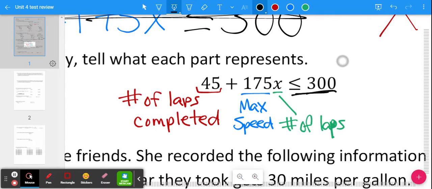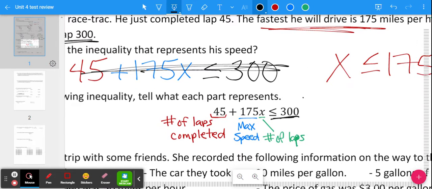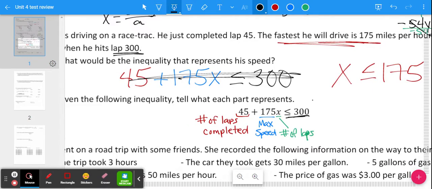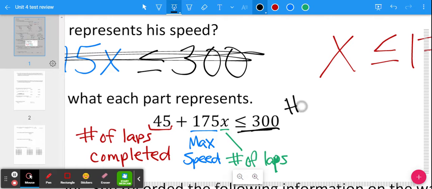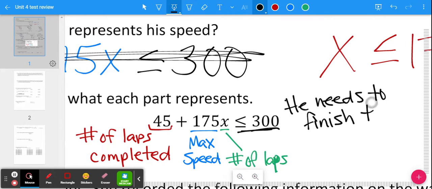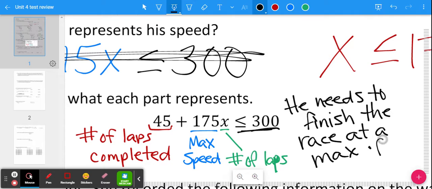He needs to finish the race at or before 300 laps. So that's his maximum of 300 laps.